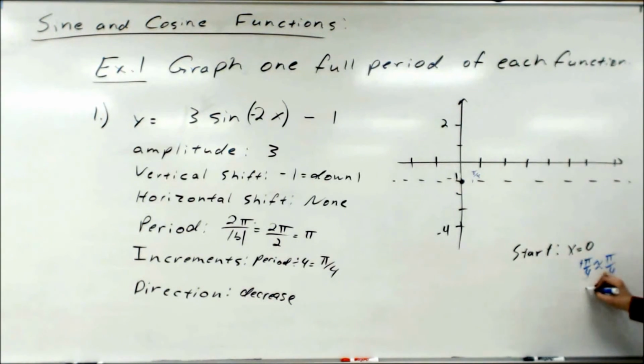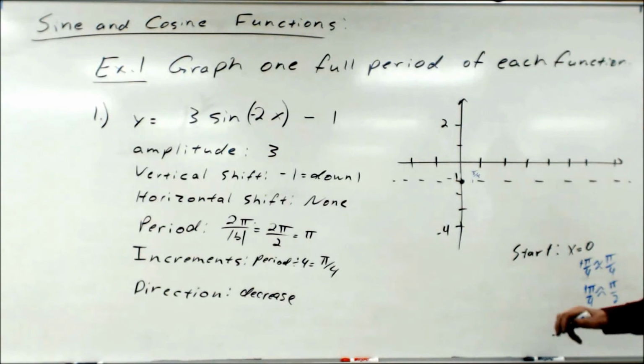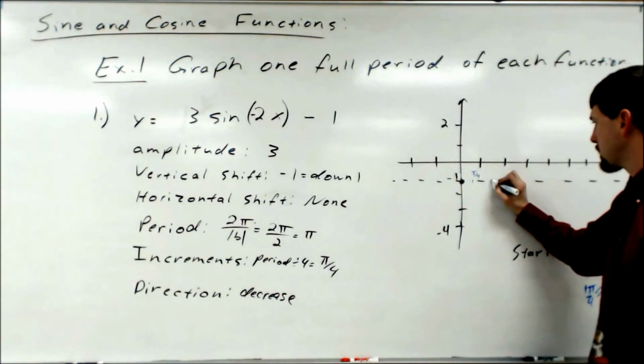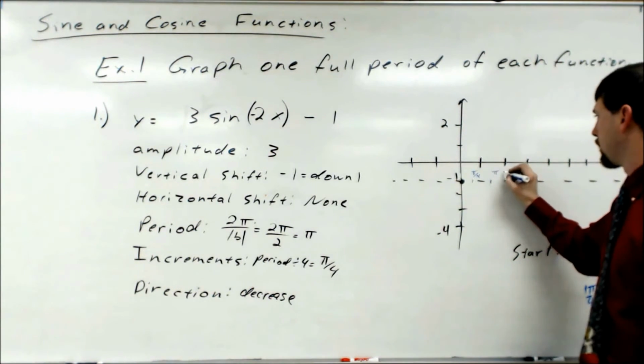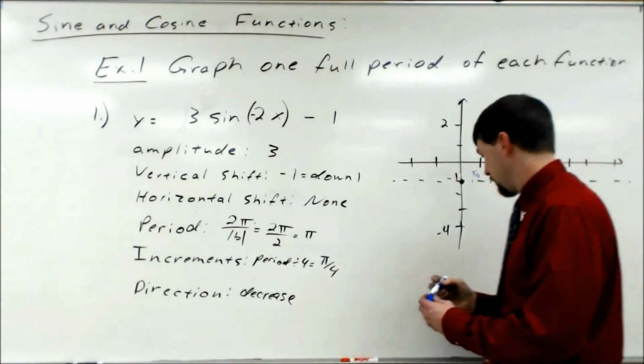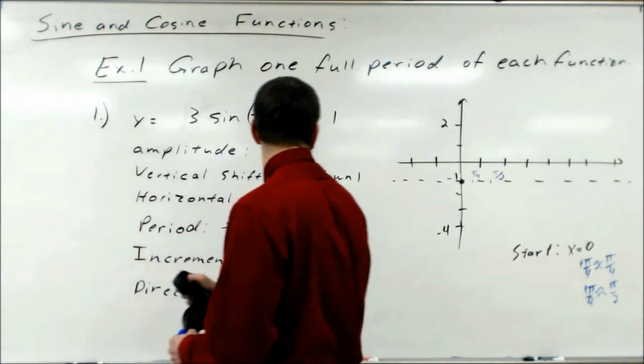Then we're going to go another pi over 4 units. Well, pi over 4 plus pi over 4 is pi over 2, which is about 1.6. So 1.6 would put us at pi over 2. I'll write that a little bit bigger so you can read that.